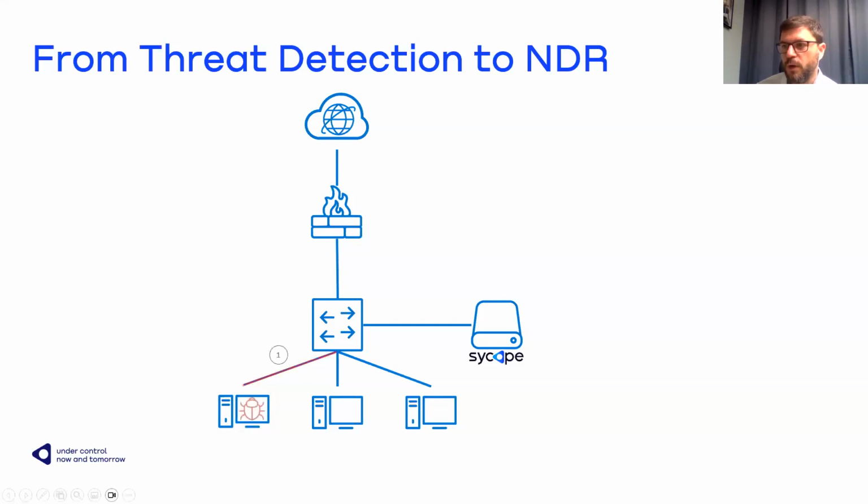Try to imagine that one host in the network is infected by some kind of virus. It means that this host will create some kind of suspicious communication in the network. So our network device will send the flow data to the collector to inform us about the network communication.